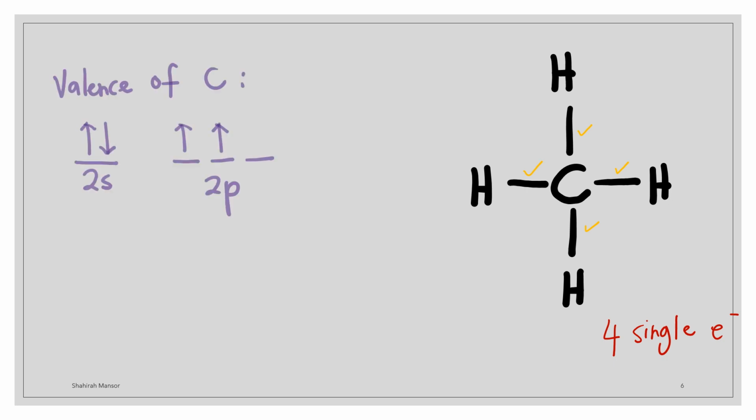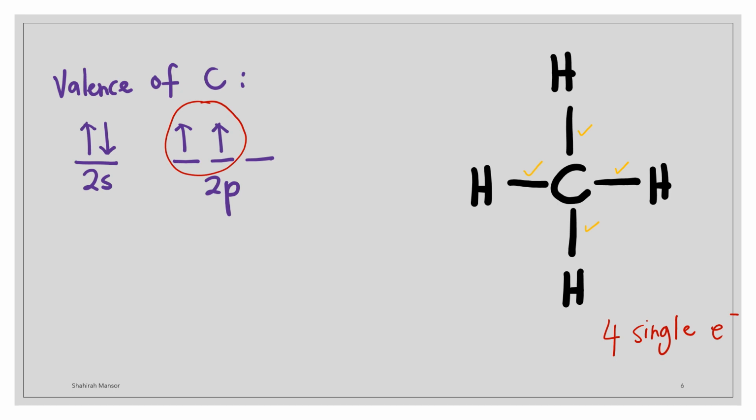Tetapi apabila kita tulis valence configuration of the carbon, kita ada 2s2, 2p2. So from this configuration, kita hanya ada sebanyak 2 single electron sahaja di dalam valence configuration of carbon.